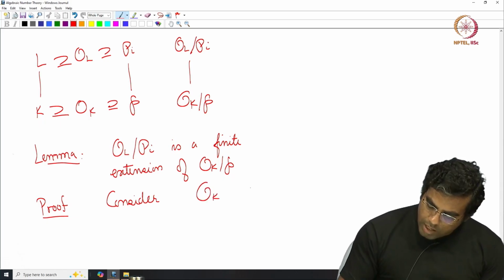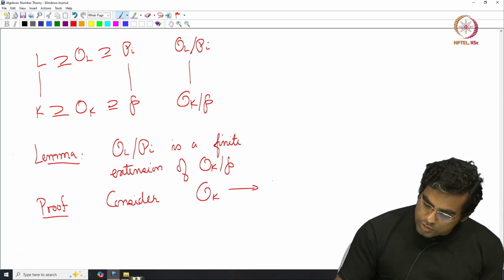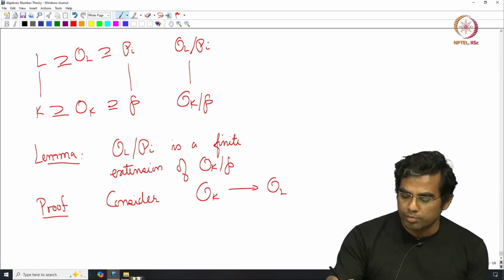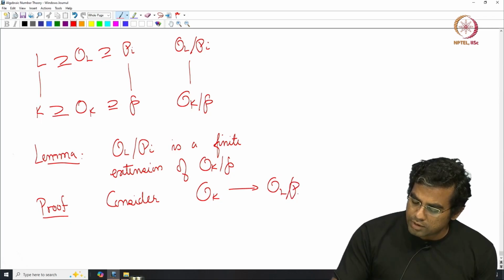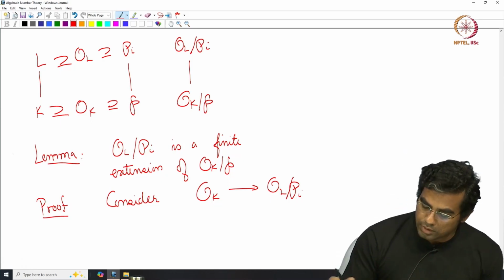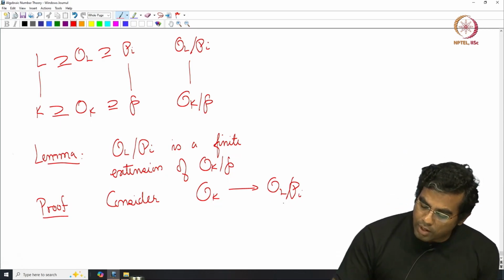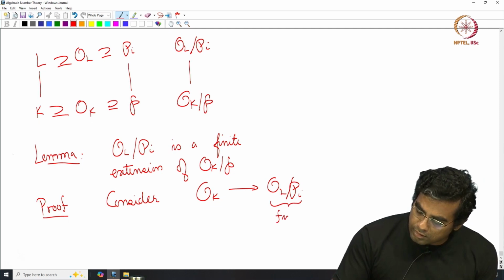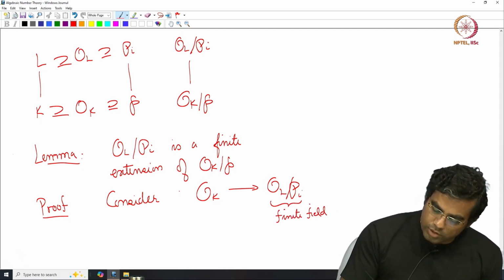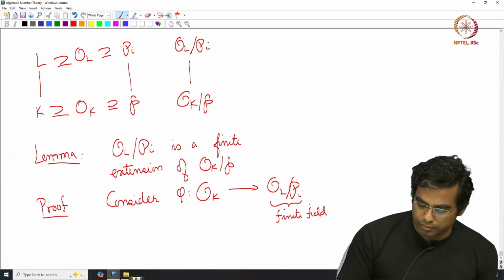You take OK. OK is a subset of OL, so there is an injective map like that, and I can further compose it with the quotient map, right. All right. Now I know that this is a finite field. Let me call this map phi.